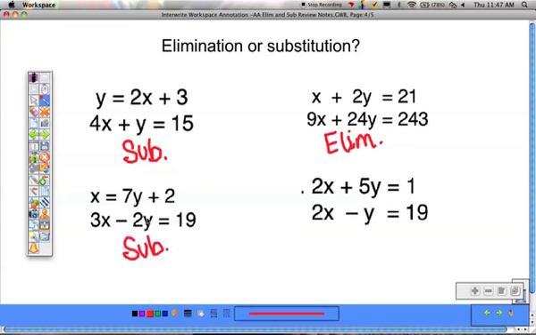Again, you can use either method, but substitution because the x is by itself. And for this last one, elimination, because x and y are on the same side. Again, substitution wouldn't be bad. You could add y on this one and subtract 19, but it's just a couple extra steps. So elimination when x and y, or your variables, are on the same side. Substitution when one letter is already by itself, or easy to get by itself.